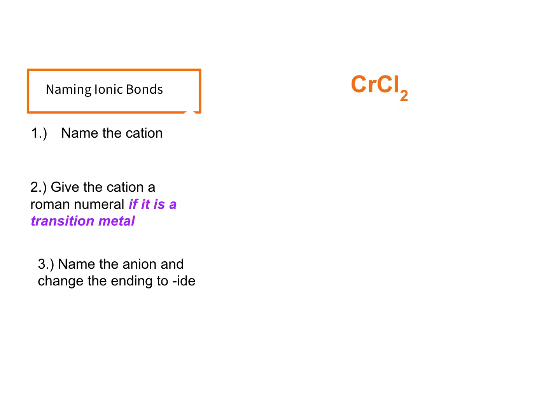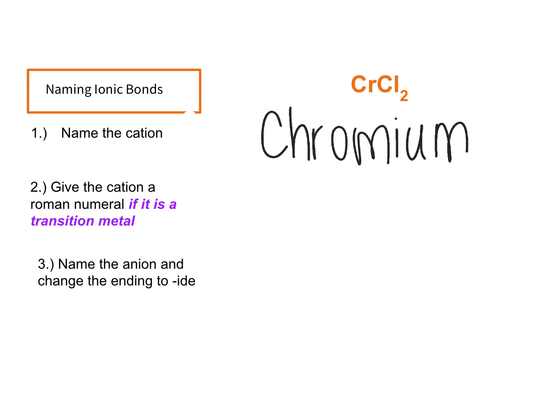So now for this one, go ahead and pause the video and try this one on your own. Alright, so our cation name is going to be chromium. And when we're looking at this, we have our chromium and our chlorine.